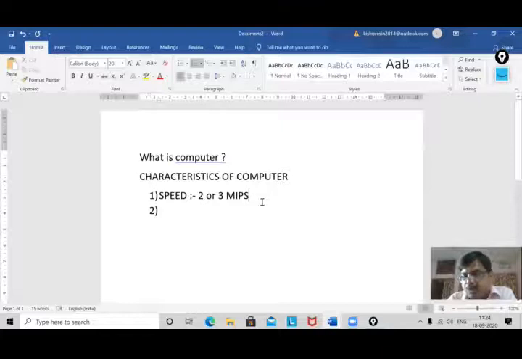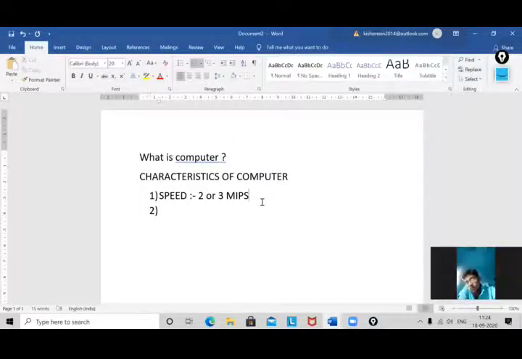If I say 2 MIPS, it means 2 million instructions per second. That is a lot, my dear. You cannot believe how fast your computer processes your data. Millions, billions of calculations can be done by the computer within a fraction of a second. That is the main advantage of a computer.